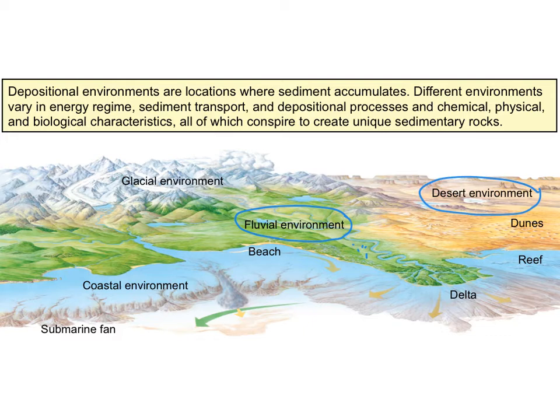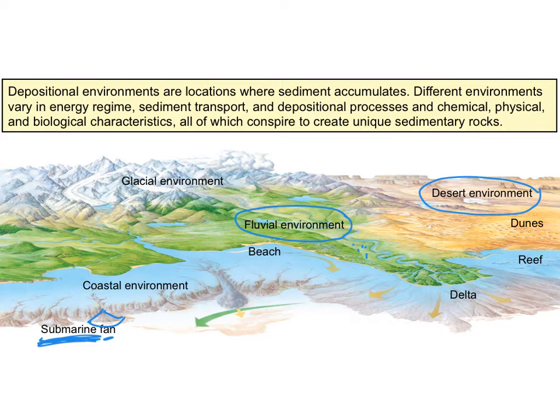You can, of course, have sedimentary environments where sediment accumulates beneath the surface of the ocean, or in submarine environments. Those can include fans. So a submarine fan is this wedge-shaped material here that comes out of a submarine canyon, where you might get the accumulation of turbidity flows, where you have those graded beds we talked about.